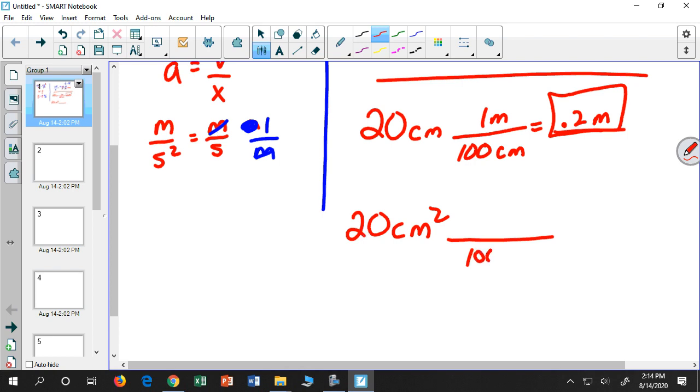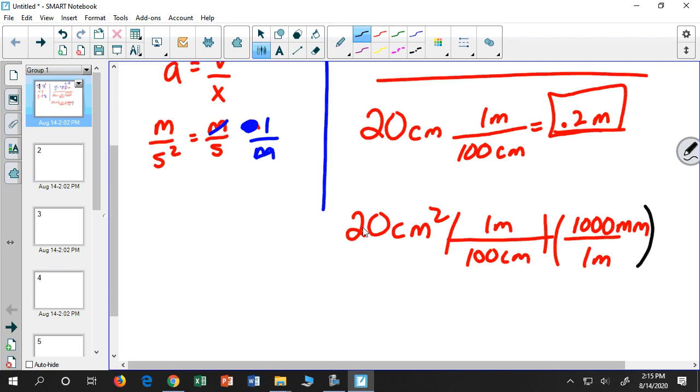I have 100 centimeters in a meter, and I have 1,000 millimeters in a meter. In both of these cases, these unit conversions have to be squared.